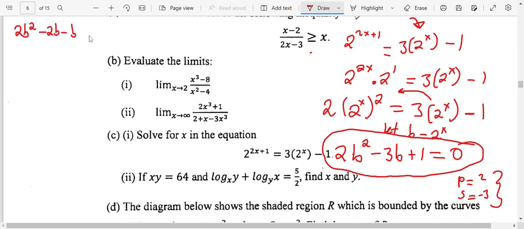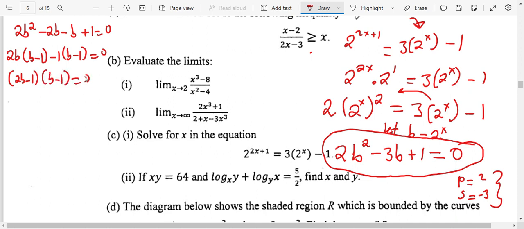So I'll start with the 2 since I've got a 2, then plus 1 at the end. We'll factorize out 2b, so that will be b minus 1, then negative 1, b minus 1 is equal to 0. So giving us 2b minus 1, b minus 1 being equal to 0.